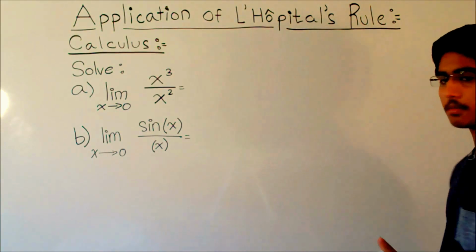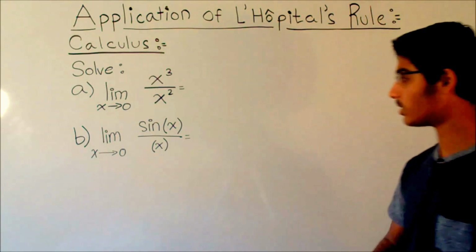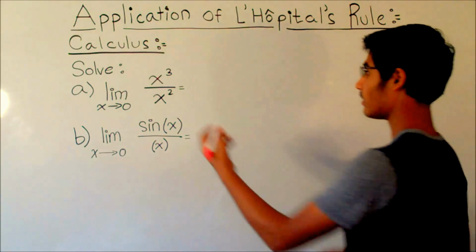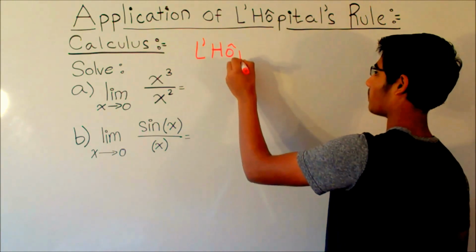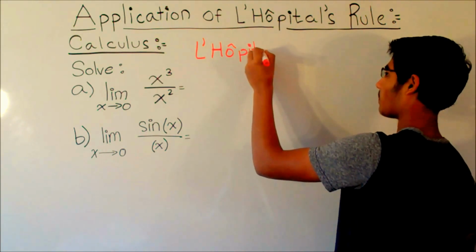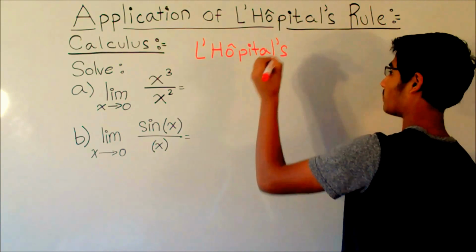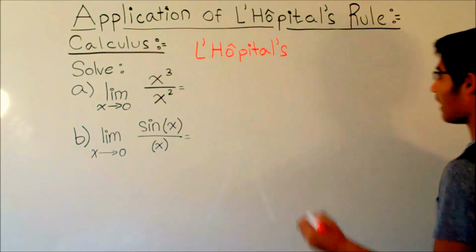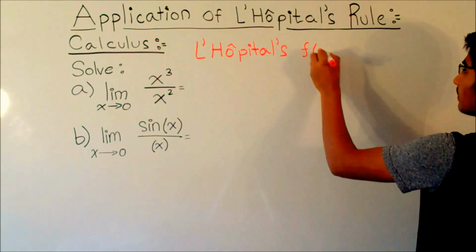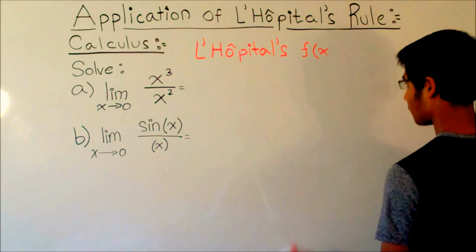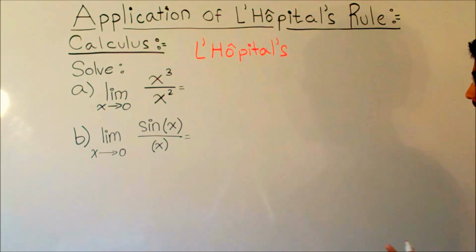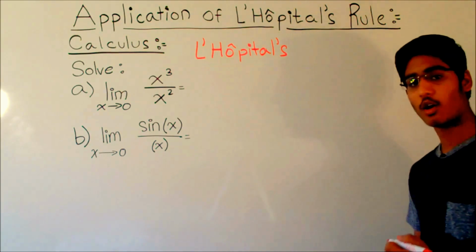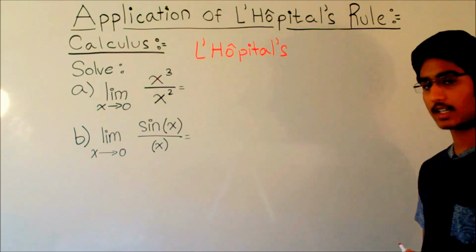Well, we remember what L'Hopital's rule is. L'Hopital's rule states that if the limit of f of x over g of x, as x approaches some value, is 0 over 0, infinity over infinity, or negative infinity over negative infinity, we use this rule.